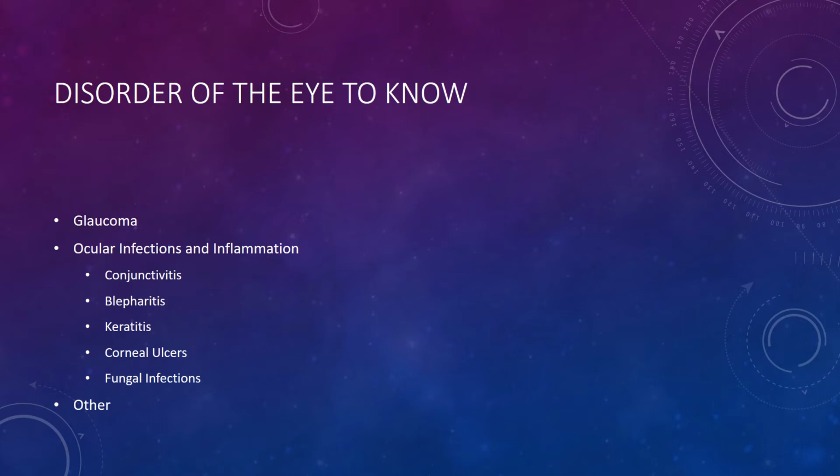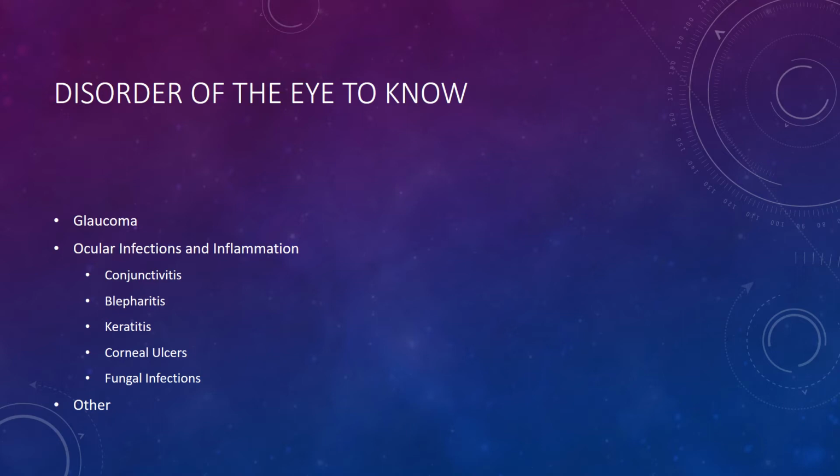Viral ulcers are usually caused by the herpes virus. Other fungal infections may often be caused by frequent use of ophthalmic antibiotics and corticosteroids. These ulcers, of course, are painful, and they can cause discharge and change in vision, and swelling, and redness.